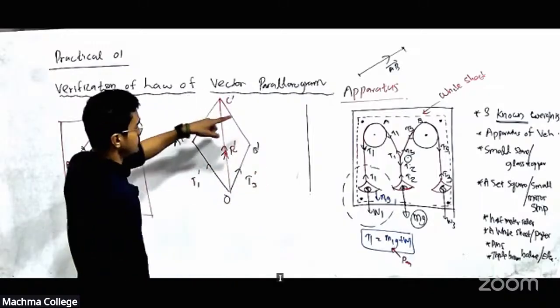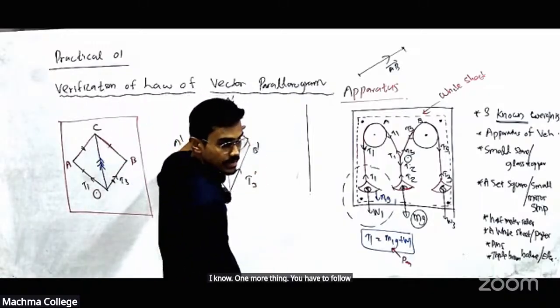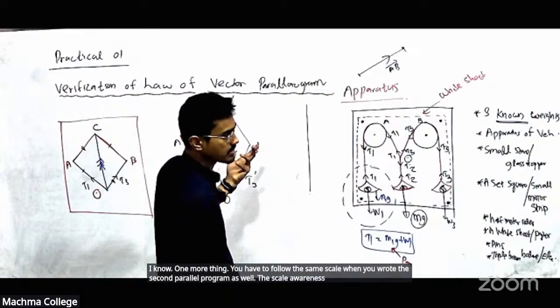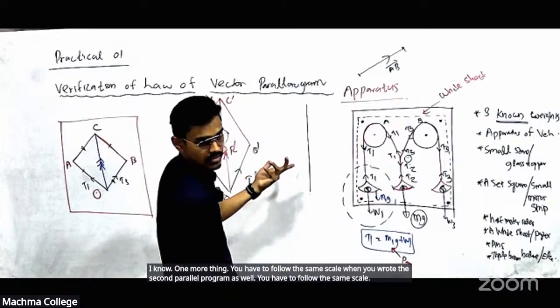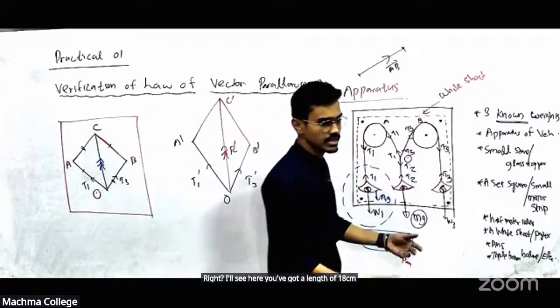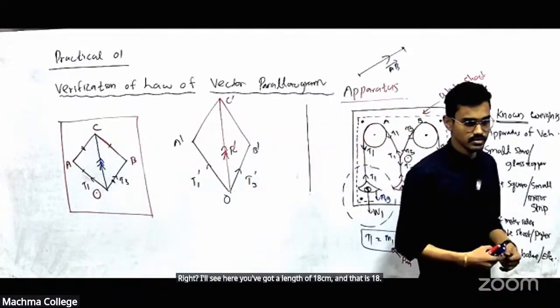And one more thing, you have to follow the same scale when you draw the second parallelogram as well. Let's say here you got a length of 18 centimeters, then there is 18 newtons, likewise.